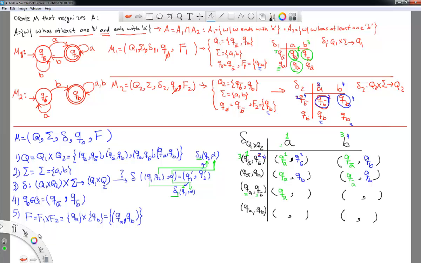If you're in Q naught B in machine 2 and we see an A, then we stay in Q naught B. Next, we'll generate QA, Q naught B for B. So if we're in QA and we see a B, we're going to go to Q naught A. And if we're in Q naught B and we see a B, then we go to QB.